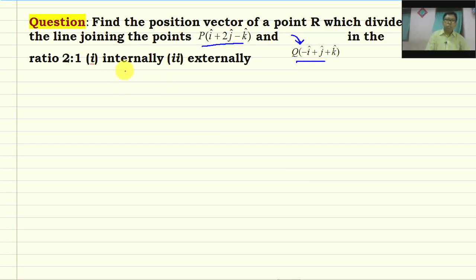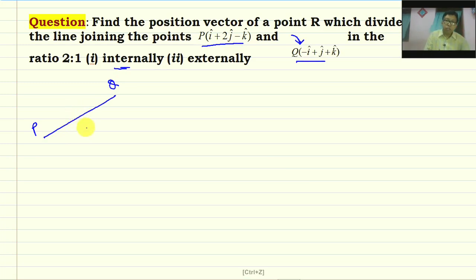So first of all we have to find out the condition for internal section. First of all we take 2 points P and Q, these are the points P and Q whose position vectors are given, and point R inside it.